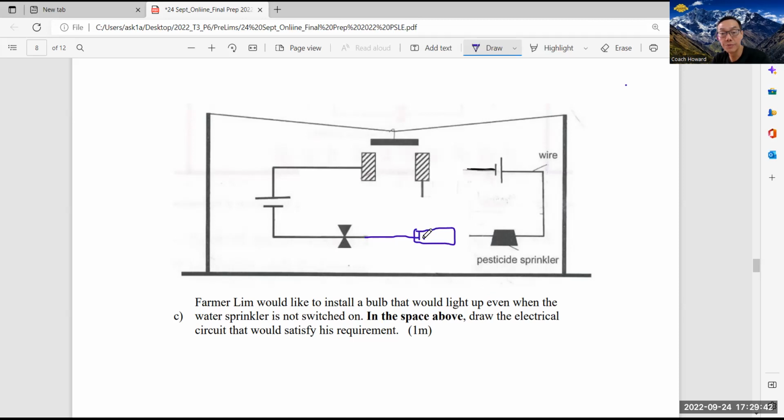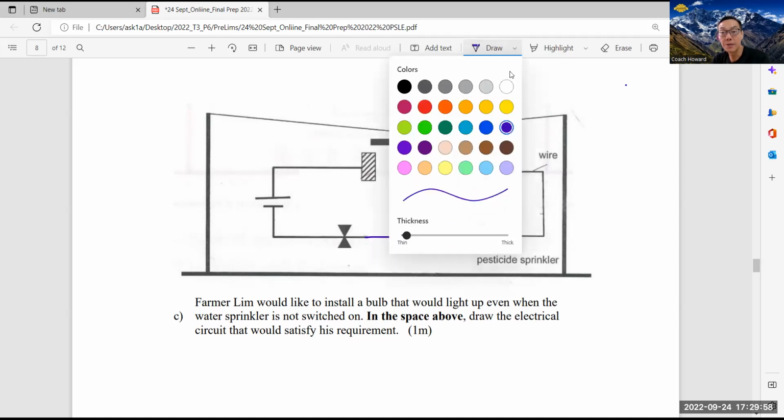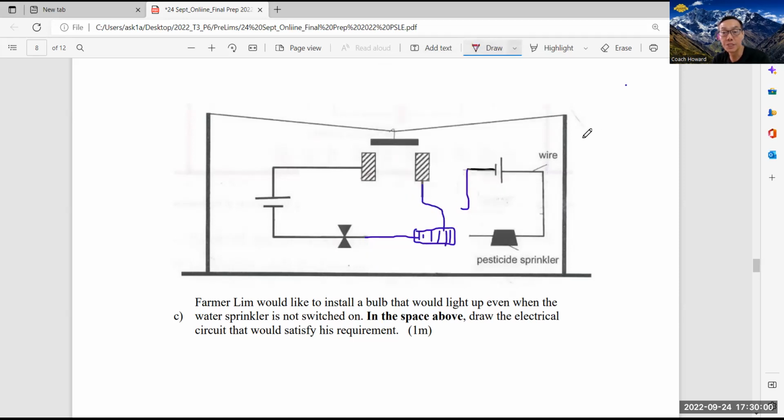Just briefly draw this part, the electromagnet. Then here you're going to connect to one end of the electromagnet. And this part you're supposed to put a hinge, you know the hinge thing? Maybe I use another color to draw the hinge. The iron hinge that can swing.